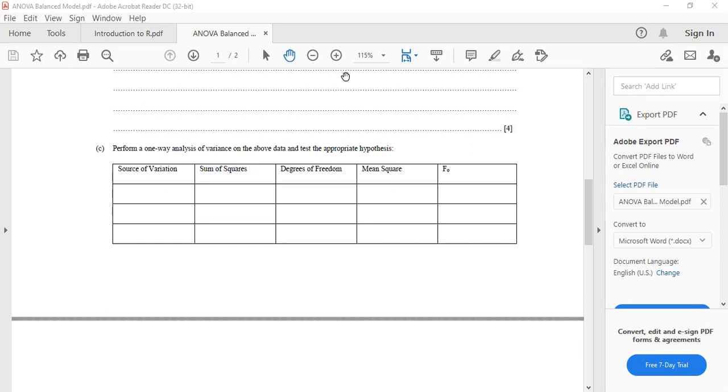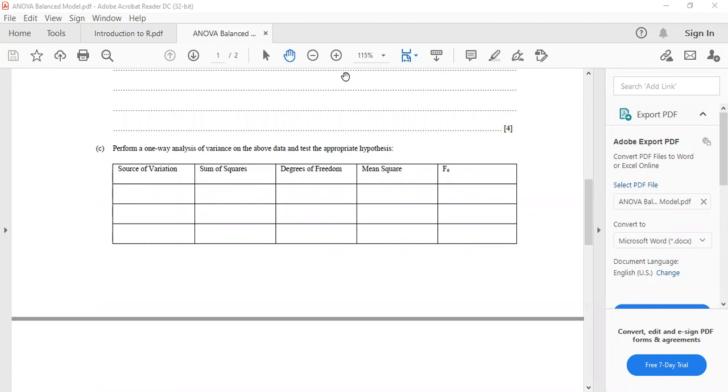The formula for SST is the summation from i equals 1 to a, and the summation from j equals 1 to n i, of y ij squared minus n squared, and then y bar dot dot squared.